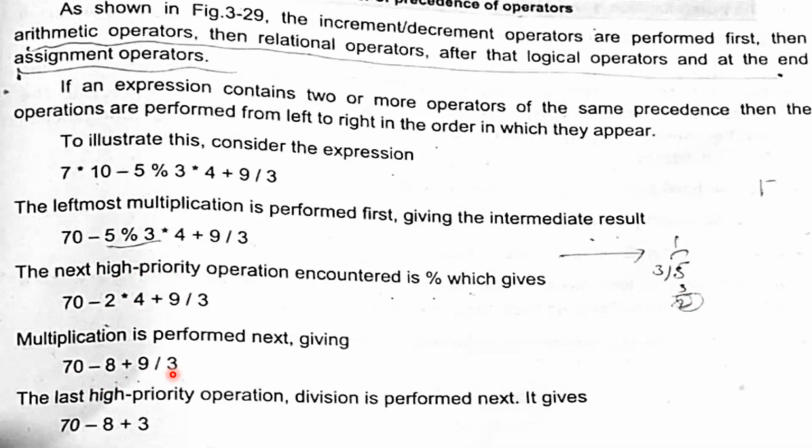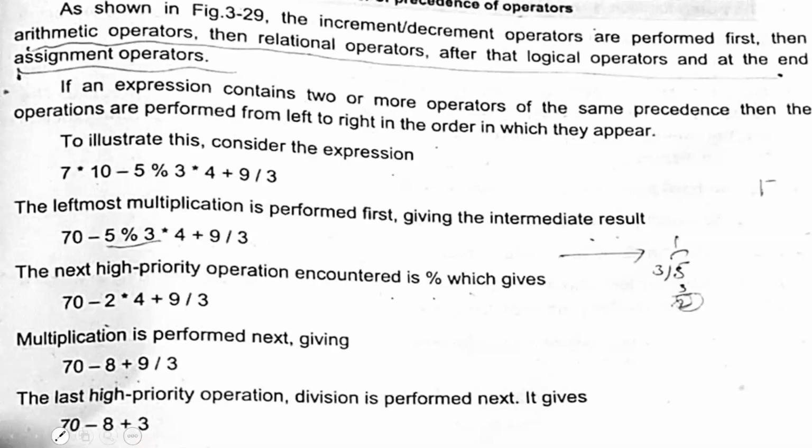Now in this equation, first we will divide. This one is solved, then this, and then divide it. The last high priority operation, division, is performed. Clear? So 9 divided by 3, 3.